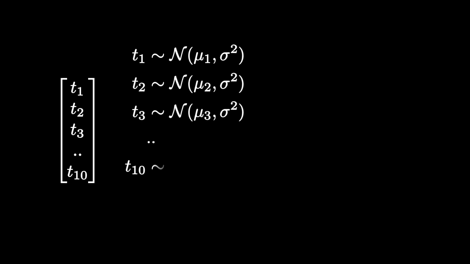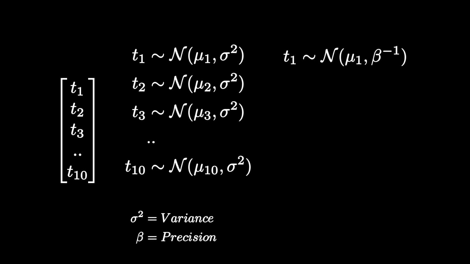The rest of our target variables follow the same symbols, except notice that all of them share the same variance, but they all have their respective mu parameter. Now, in the book, instead of variance or standard deviation, a third term is used, which is called precision, indicated here using the symbol beta. Precision and variance are related to each other, as I am showing here. The significance of the usage of precision will be revealed in later tutorials.